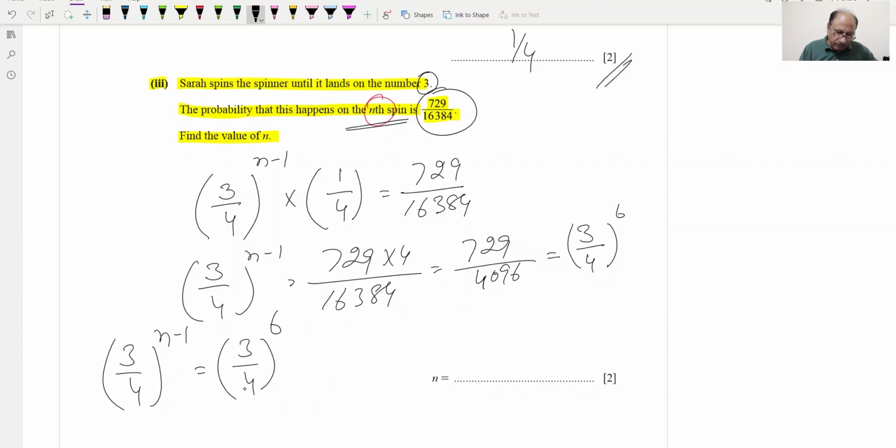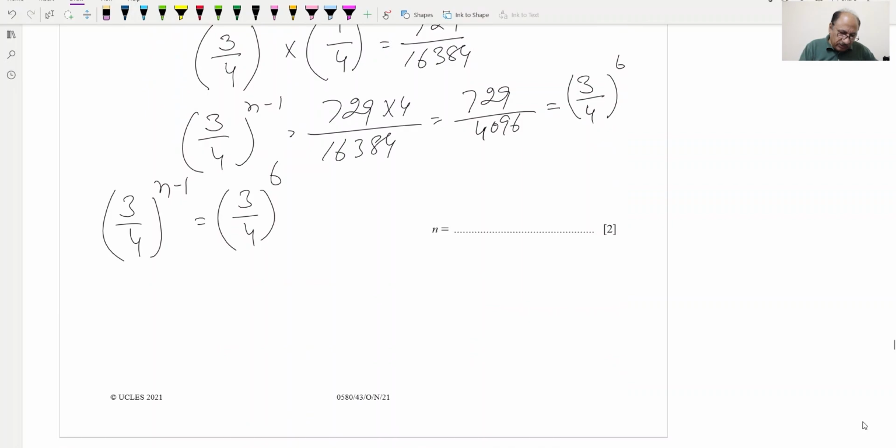Bases are same, so powers can be compared. So n minus 1 is equal to 6. This implies n will be equal to 6 plus 1, which is equal to 7. So 7 will be our final answer for this 2-mark question.